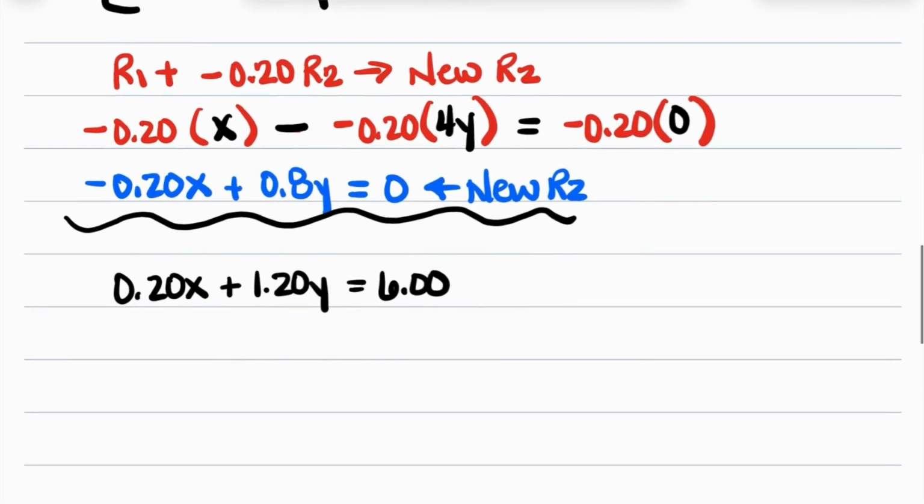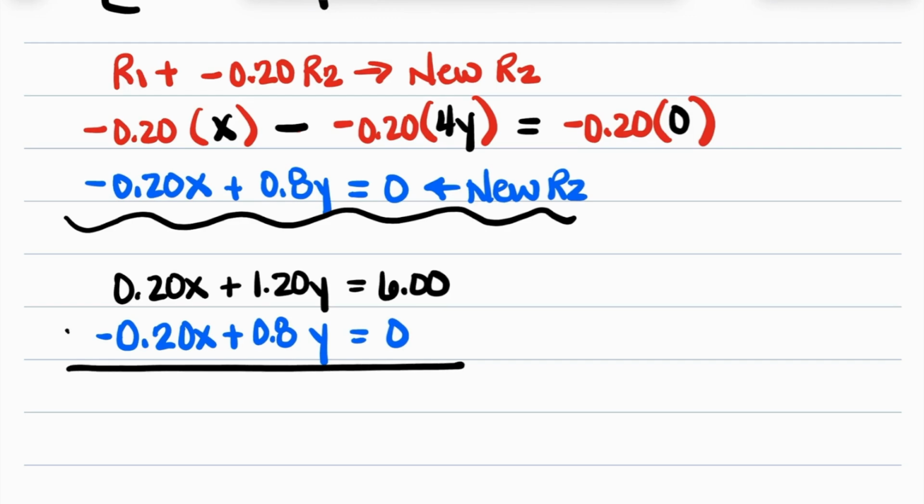And my new equation 2 is negative 0.20x plus 0.8y equals 0. Okay, and we're going to add these together. When we add these together, you notice these cancel out each other because they're opposite signs. When you add these together, you should end up with 2.